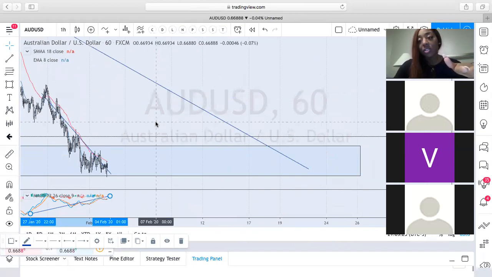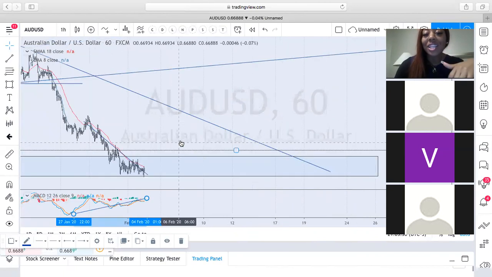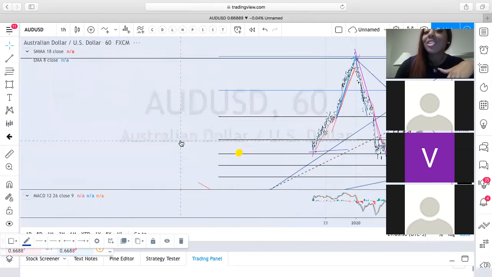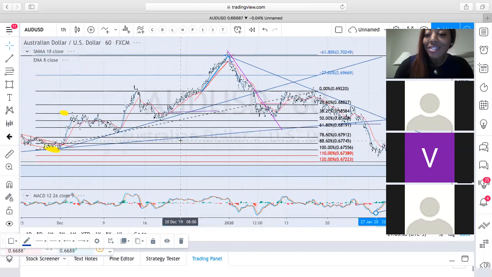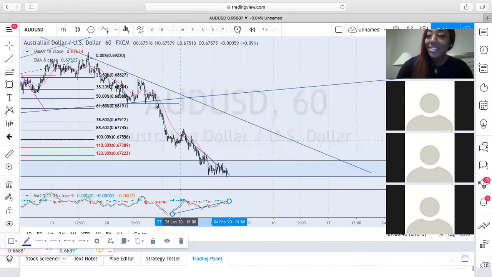It's going to get stronger. Be bullish. Exactly. So we are expecting the Australian dollar versus the US dollar to do what? To buy. Go up. Bingo.